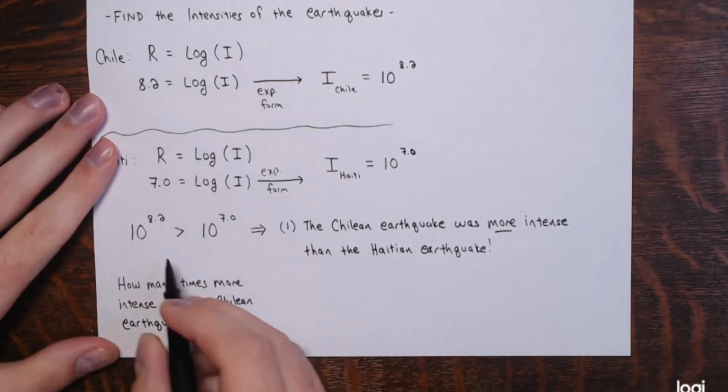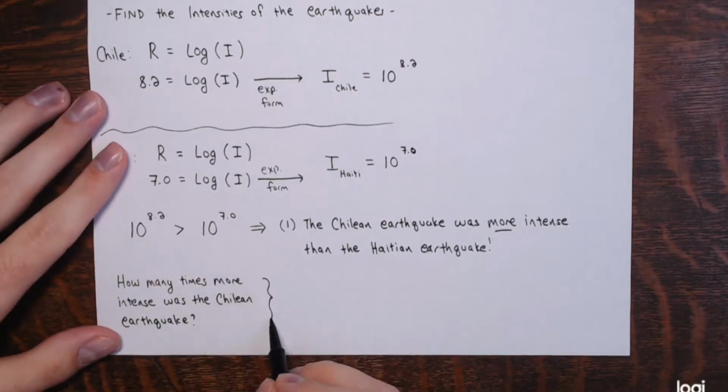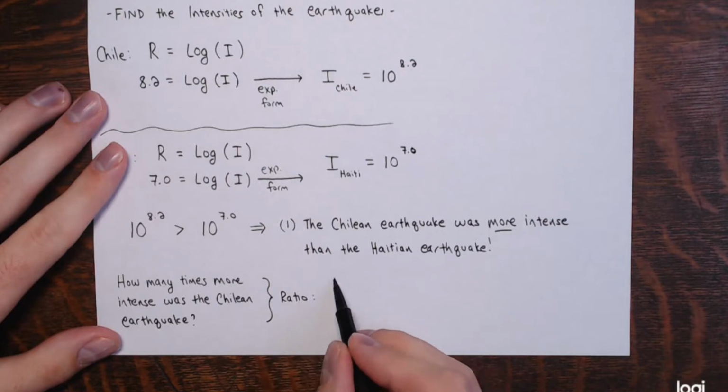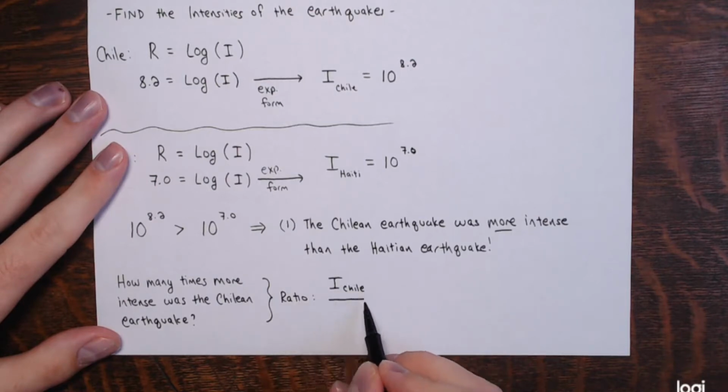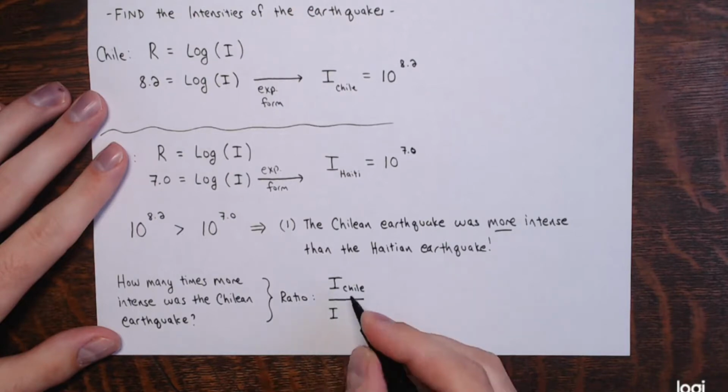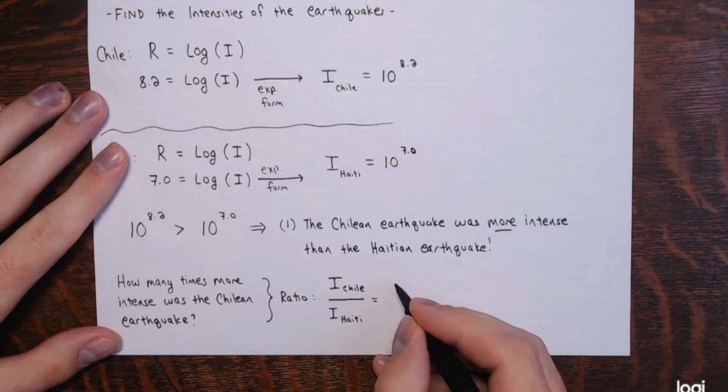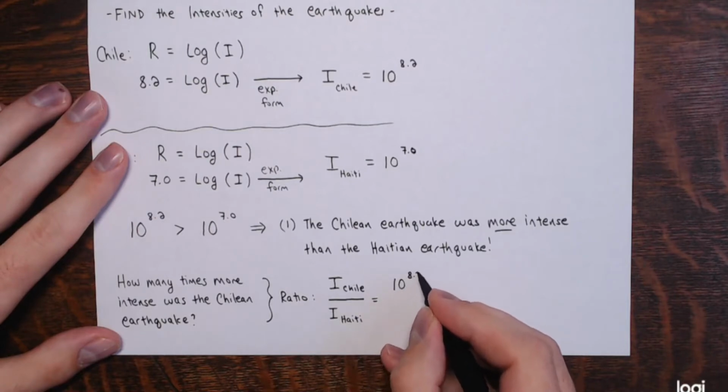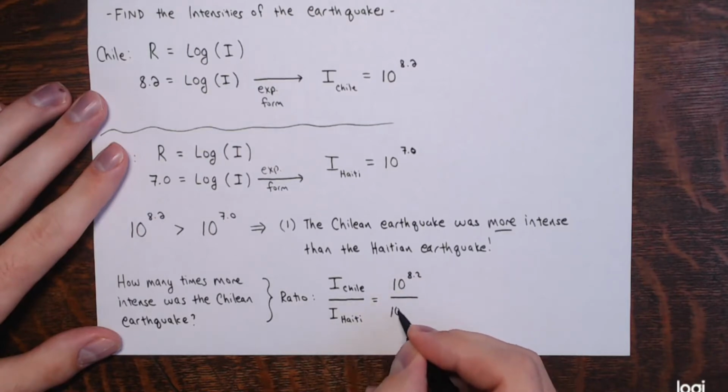All right, so let's take their ratio. Take the intensity of the Chilean earthquake and divide it by the intensity of the Haitian earthquake, and see what we get. That's 10 to the 8.2 divided by 10 to the 7.0.